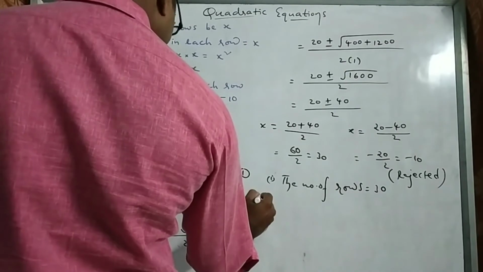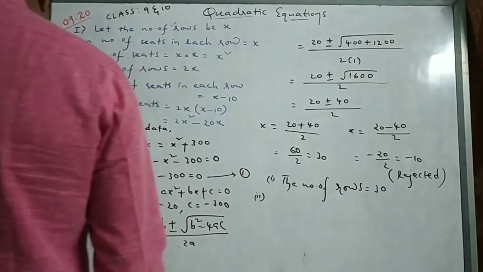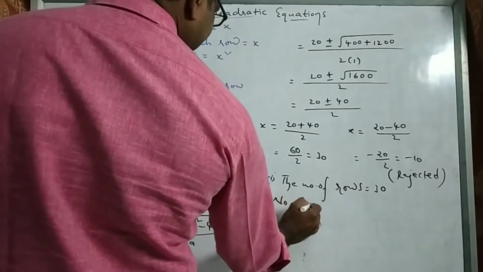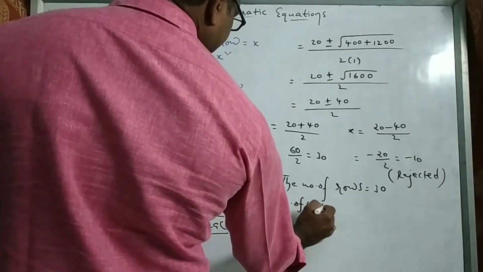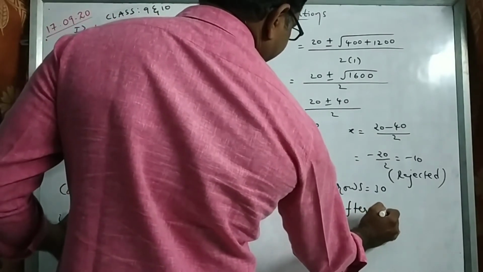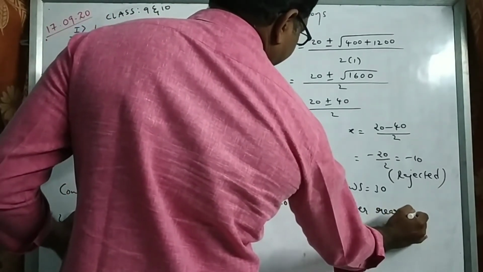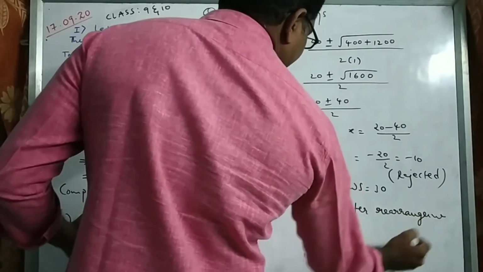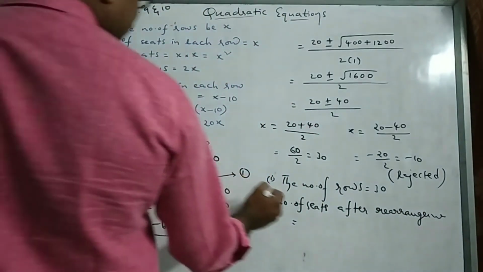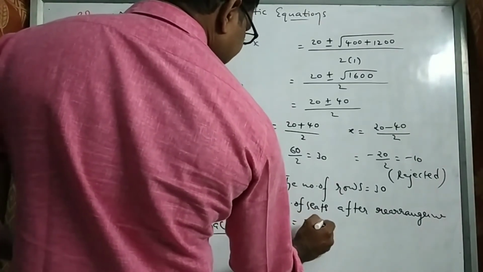Second one, number of seats after rearrangement. How many do we have? This one, 2x square minus 20x.